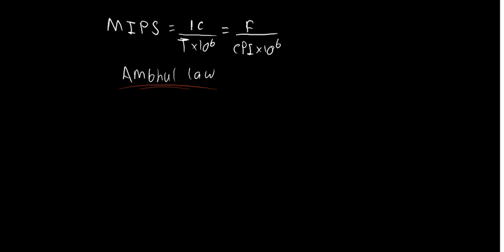Now, what Amdahl's law is, there's a lot to read up on this, but just to put it extremely briefly, let's say we have our instructions, those 1000 instructions. Computers have multiple processors or multiple cores, right? So what is all this?